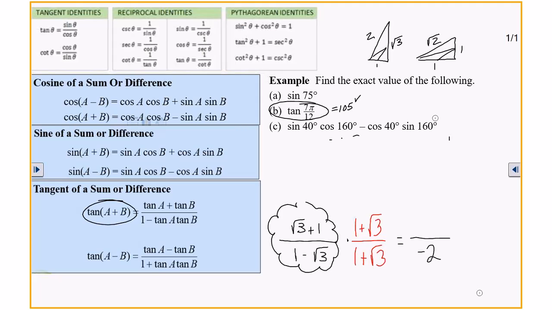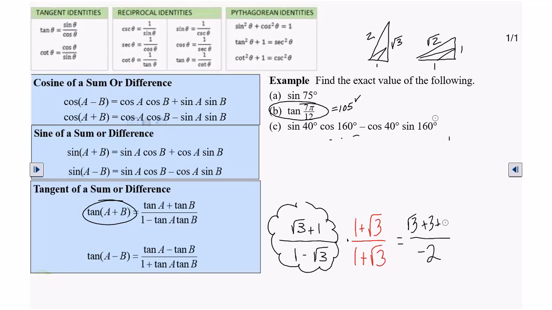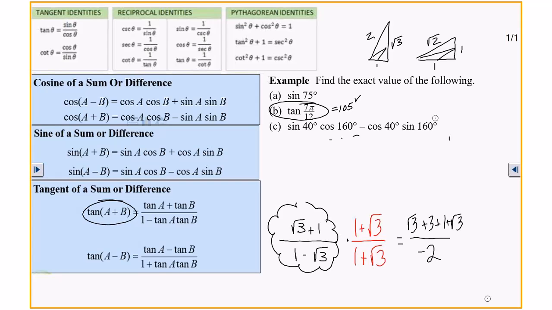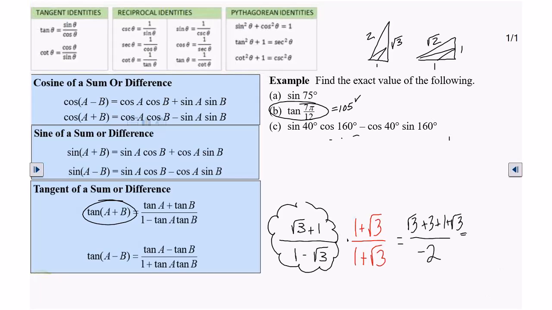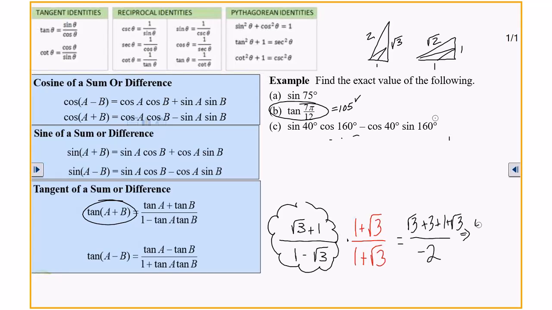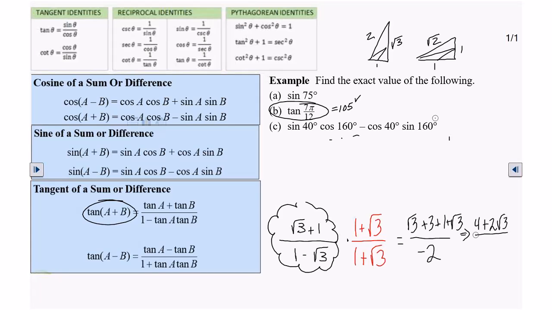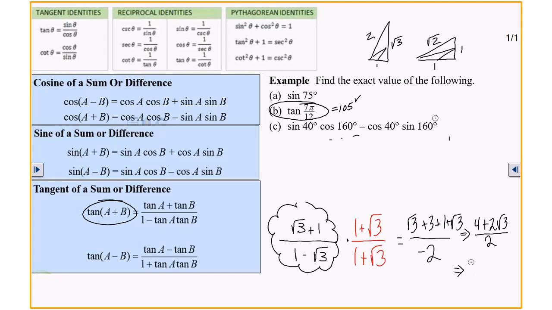First would be the square root of 3, outer would be 3, inner would be 1, and last would be the square root of 3. All together it's 4 plus 2 square root of 3 over 2, which is equal to 2 plus square root of 3.